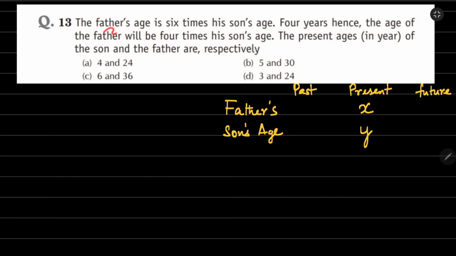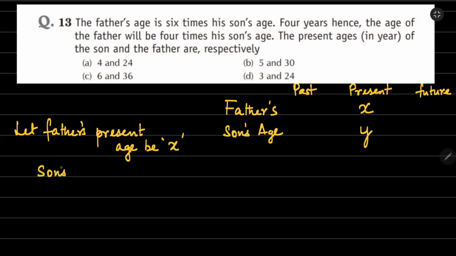So what is the given question? The father's age is 6 times the son's age. So you can write: let father's present age be X years and son's present age be Y. According to the question, X is father's age, 6 times the son's age.